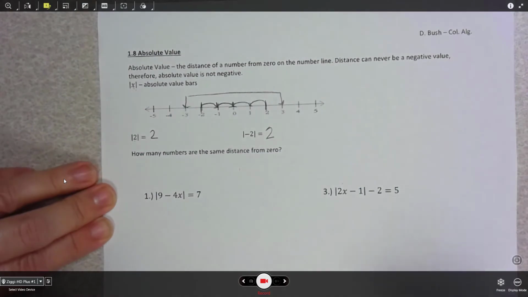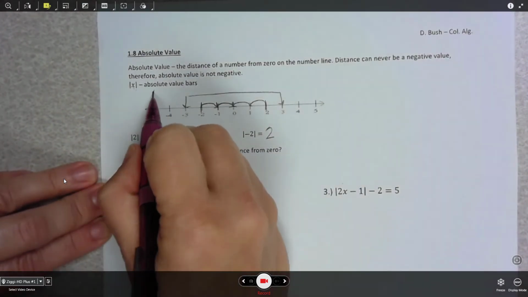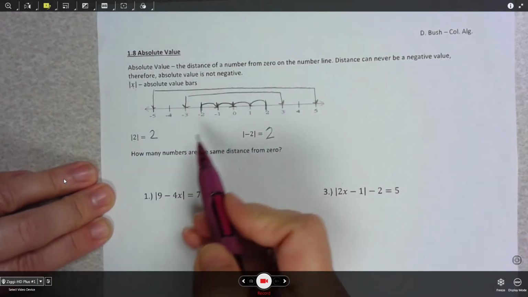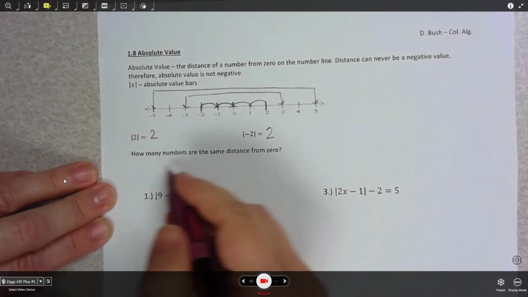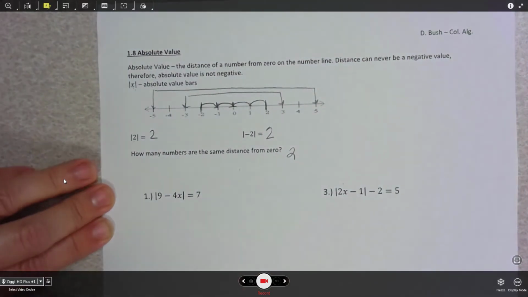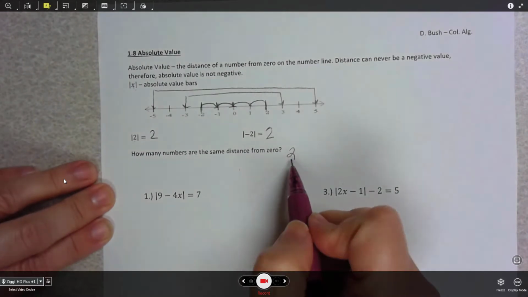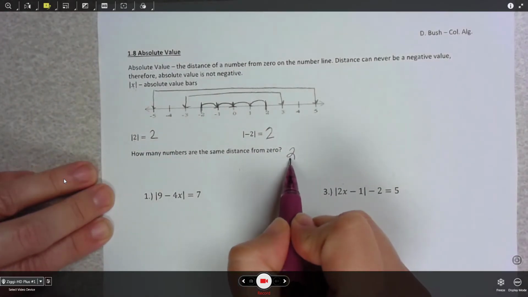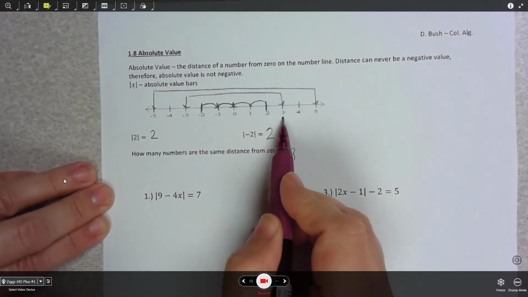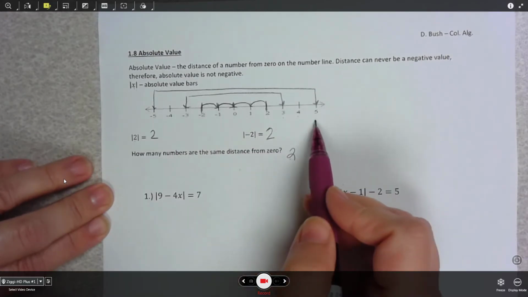Or a distance of 5 from 0, there would be 2 of them, negative 5 and positive 5. That's not the number 2, but there are always 2 numbers that are the same distance: 2 and negative 2, negative 3 and 3, negative 4 and 4, negative 5 and 5, and so forth.